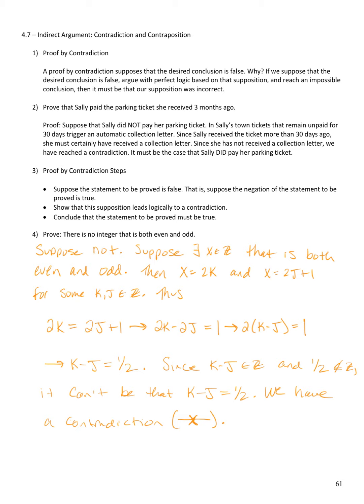Okay, so now that we have that supposition, we're assuming that whole thing is true. So we're going to let R be a rational number, and let S be irrational.